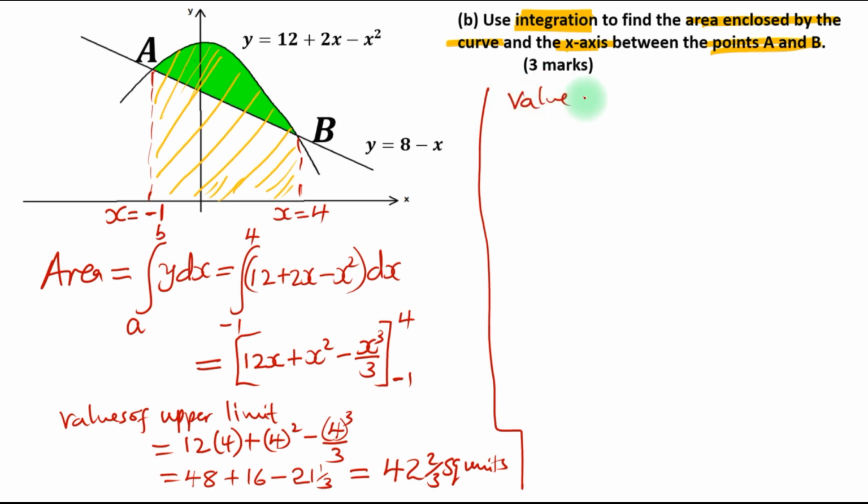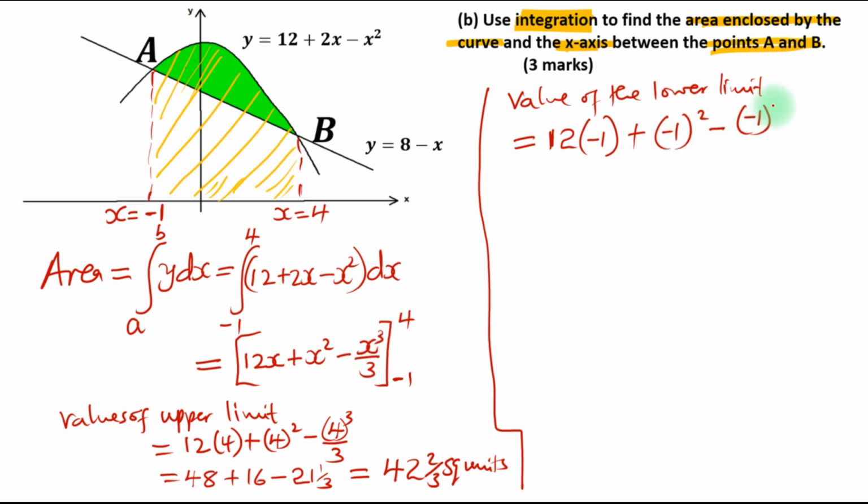And therefore we need also to get the value of the lower limit. That's when x is -1. We substitute into this integrated value. So we shall get 12 multiplied by x is -1, then plus x is -1 squared, then minus -1 cubed all over 3.